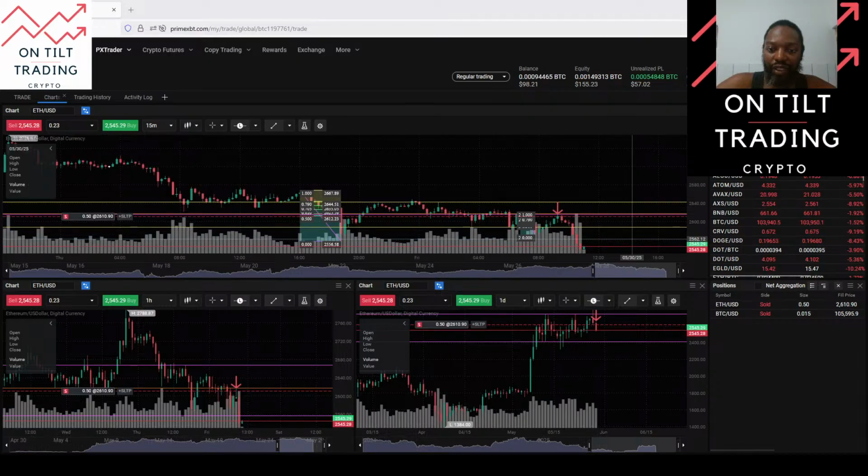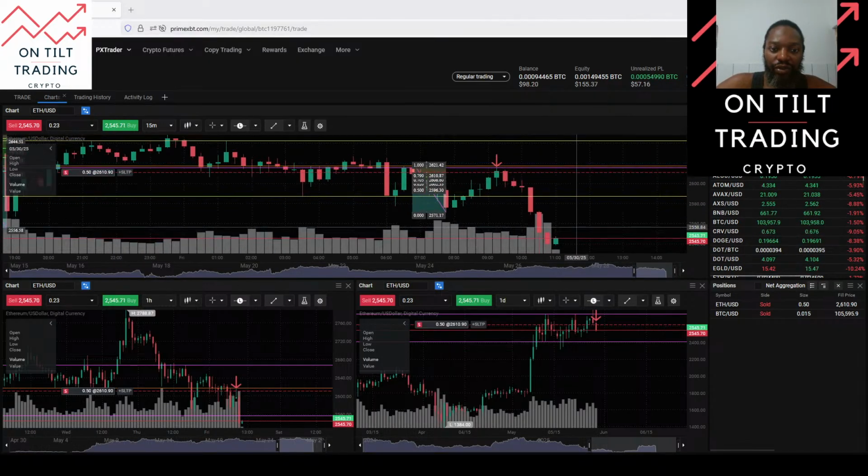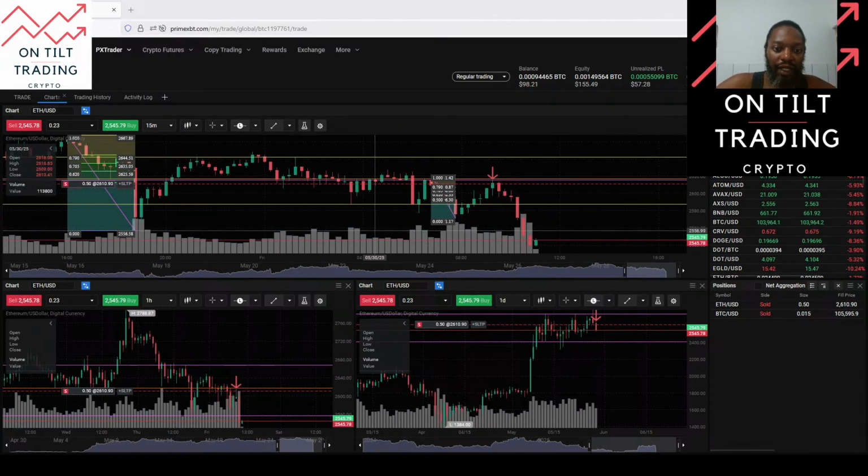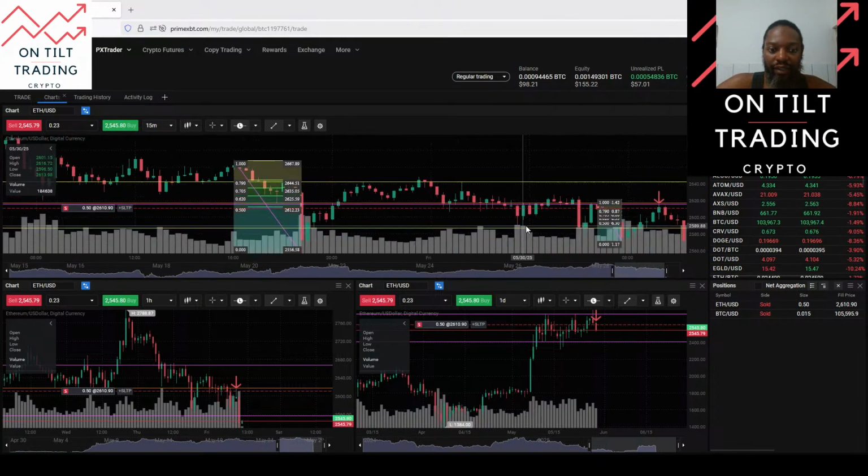The idea is to use a range in order to set targets. In error of using the 60-minute, I got into a Bitcoin position a little later than I wanted to, but it's still working out. This larger range was put in, even though I was actually able to take an entry off of a smaller range.